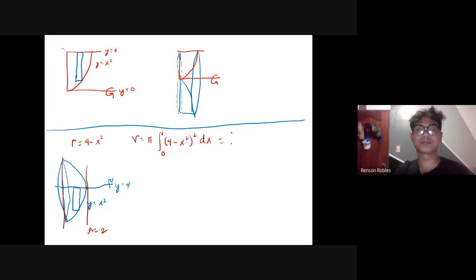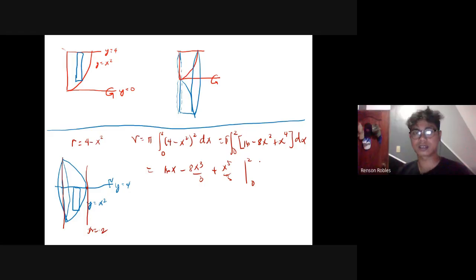Then you expand: 16 minus 8x squared plus x to the 4 dx. So you'll have 16x minus 8x cubed over 3, then plus x to the 5 over 5, evaluated from 0 to 2. Did I integrate it right?